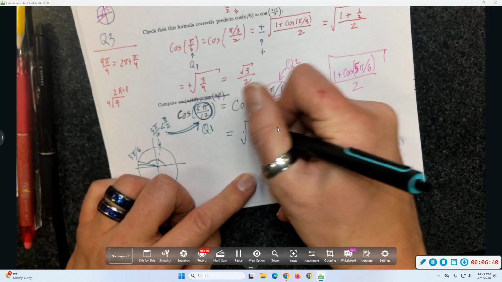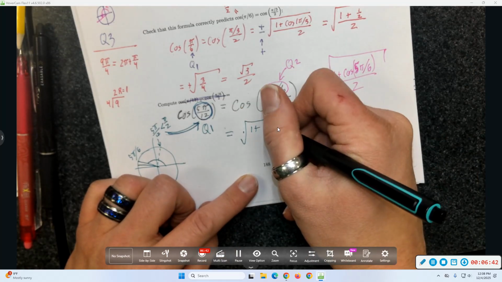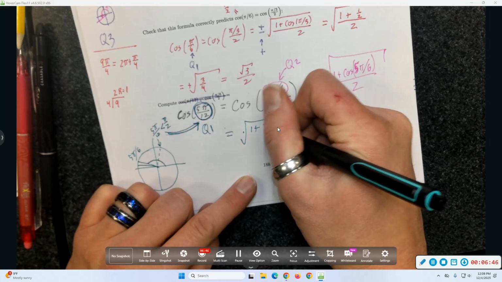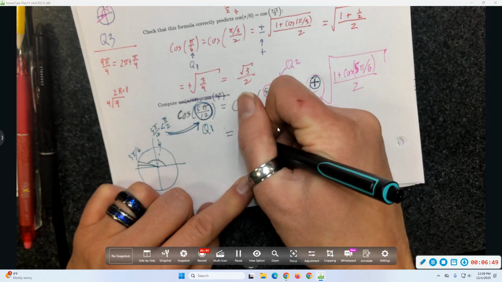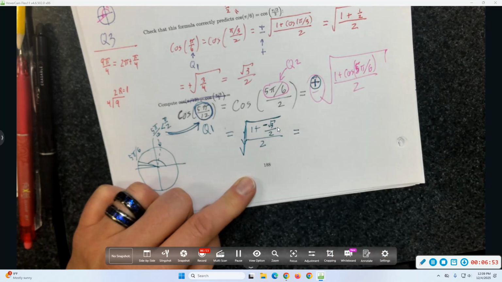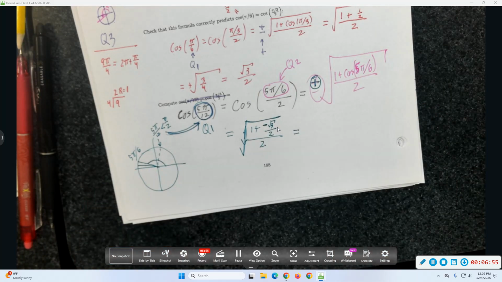Anyway, what did you say this thing was? So square root of 1 plus, what's cosine 5 pi over 6? Negative root 3 over 2. And then all that over 2. All right, neato. And this looks an awful lot like the thing that we simplified yesterday, at the top of the page. What do you do to simplify this?